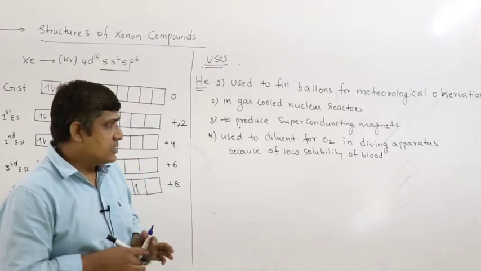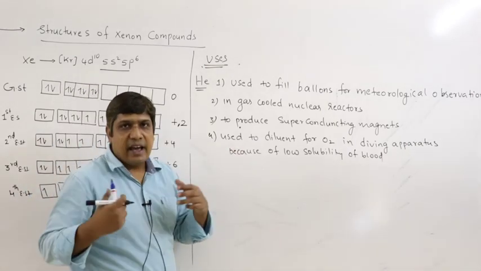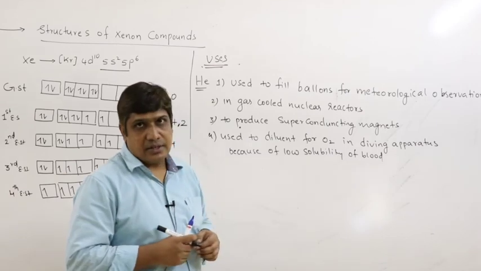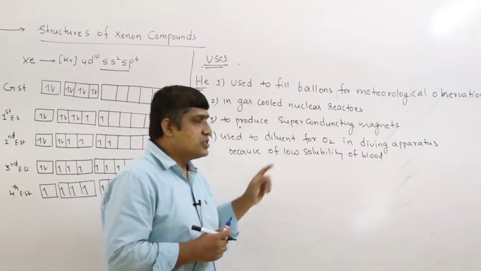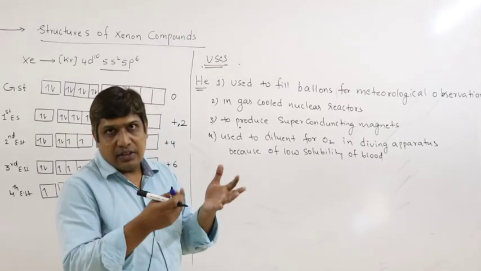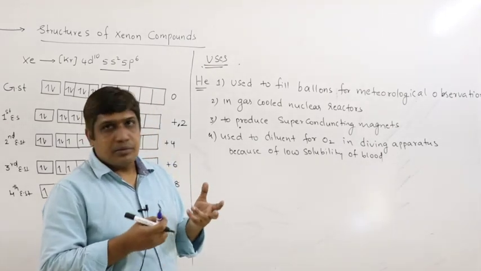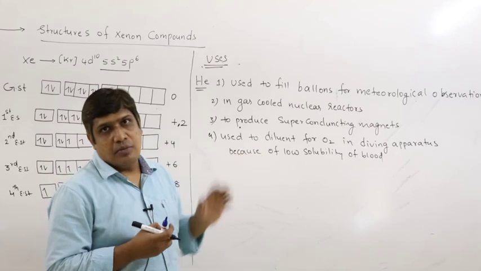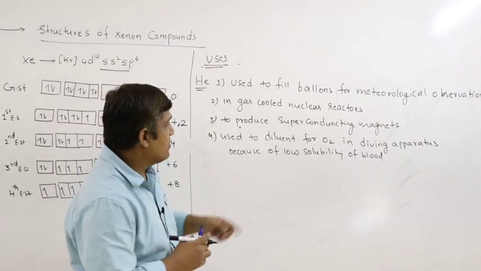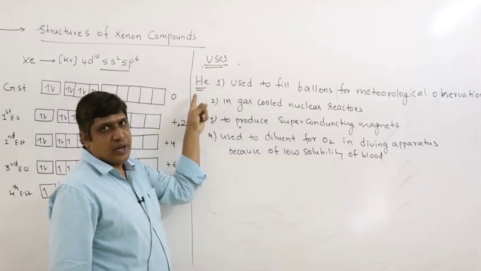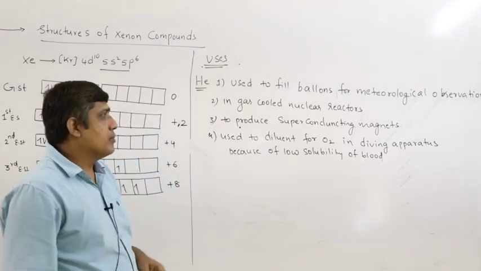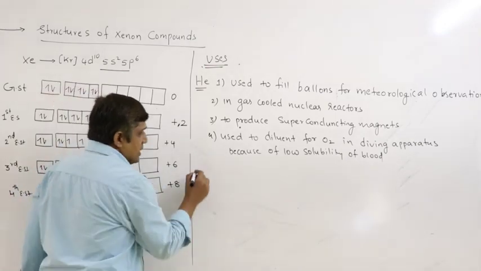So to prevent this, the oxygen carried by sea divers is diluted with helium gas. Helium has low solubility, so when they come to the surface as the pressure decreases, it does not cause bubbling in the blood. So that is why oxygen is diluted with helium, because of its low solubility in the blood. So these are the uses of helium.